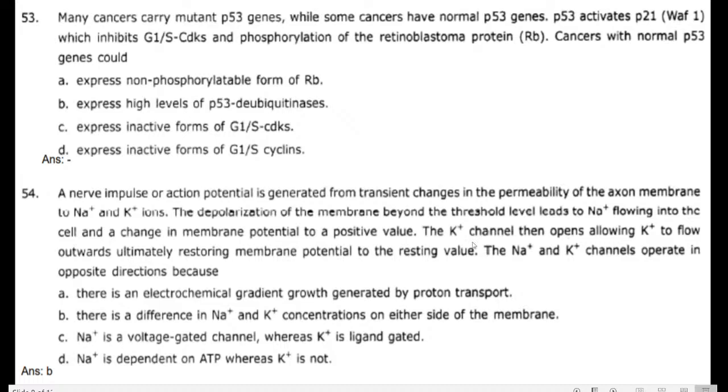K plus then flows outward, ultimately restoring the membrane potential to the resting value. The Na plus and K plus channels operate in opposite directions, so there is a difference in the Na plus and K plus concentration on either side of the membrane.